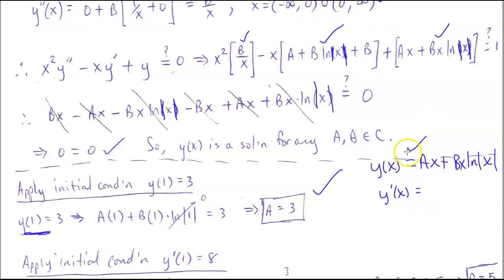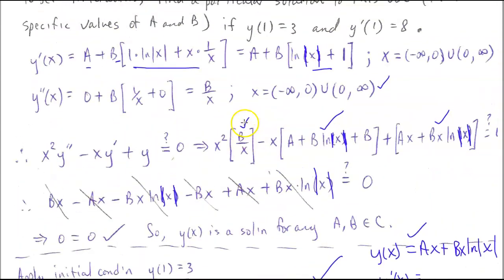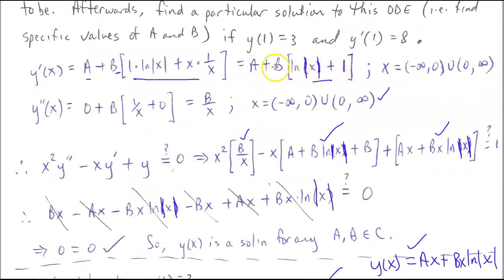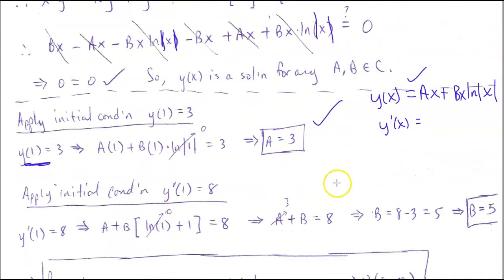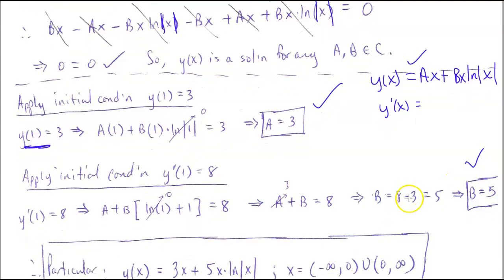And so now, with the first derivative, remember we found the first derivative here to just be a plus b times natural log of absolute value of x plus 1. So we see all that. Substitute that in here. Let x be 1, y prime be 8. Do all the evaluation, and we see that b ends up being 5.